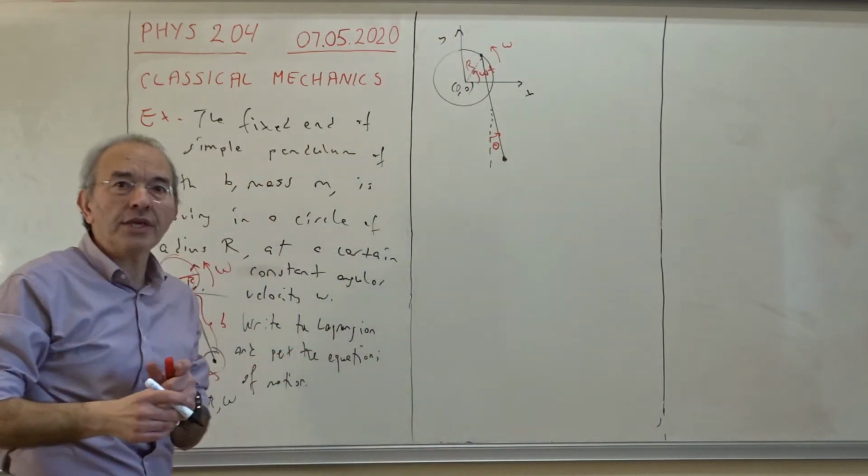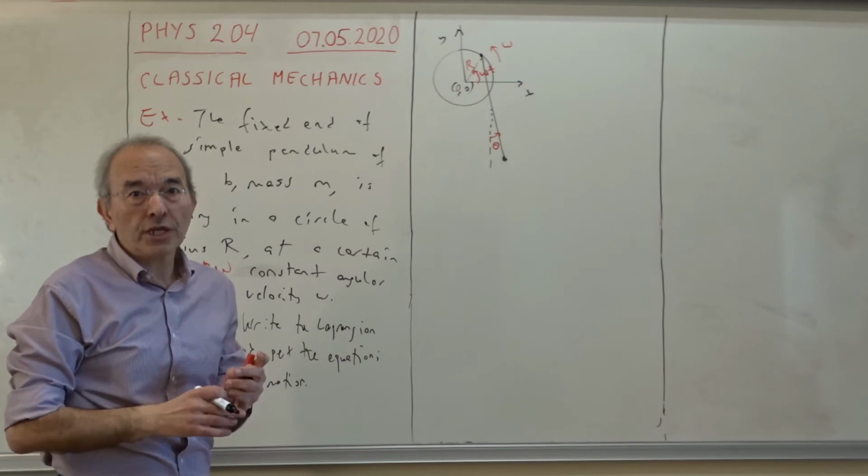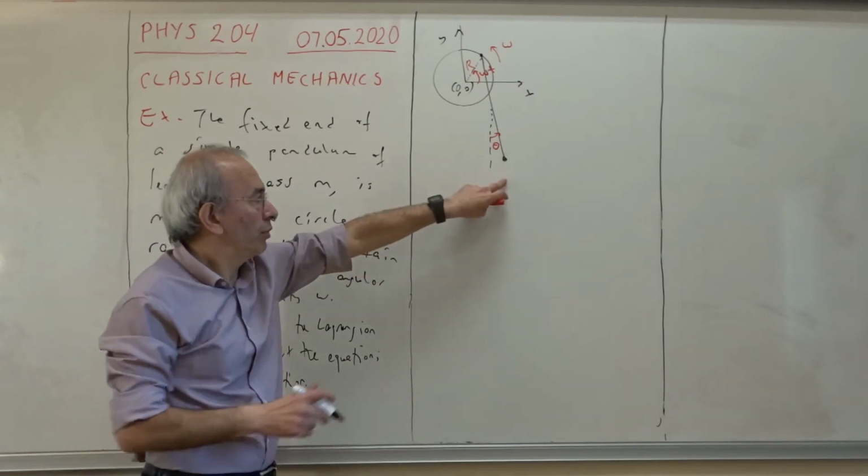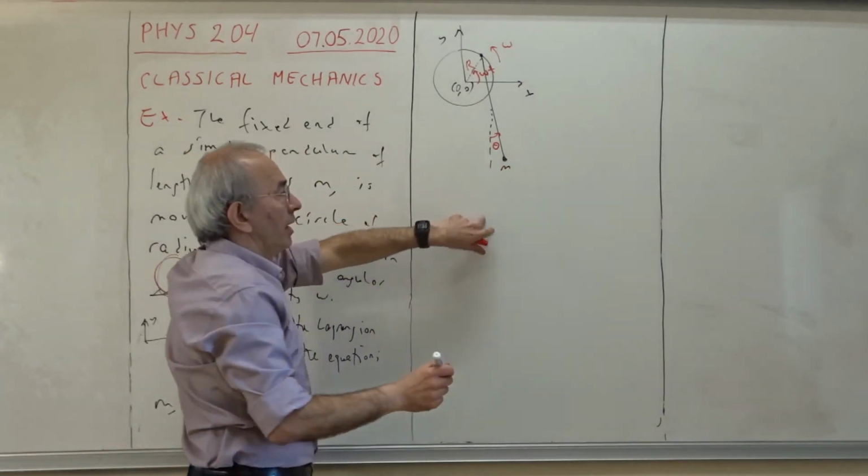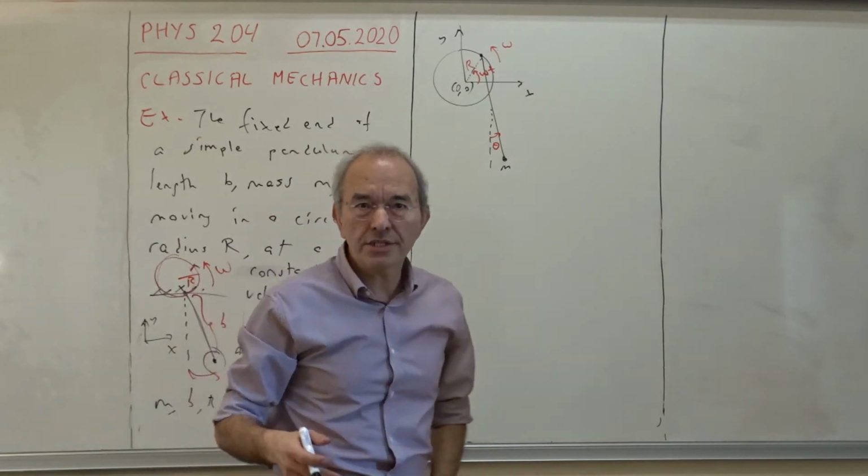Now let us write the kinetic and potential energies of the ball, mass m. Okay. The kinetic and potential energies are the following.